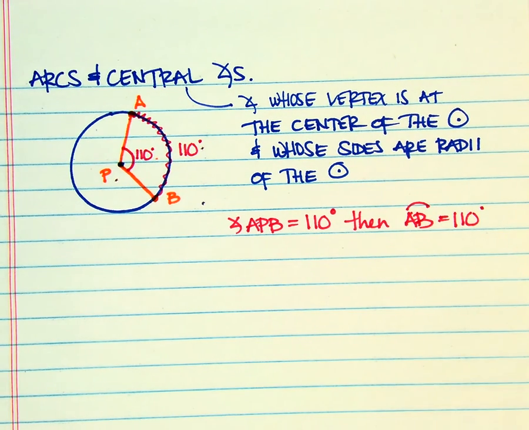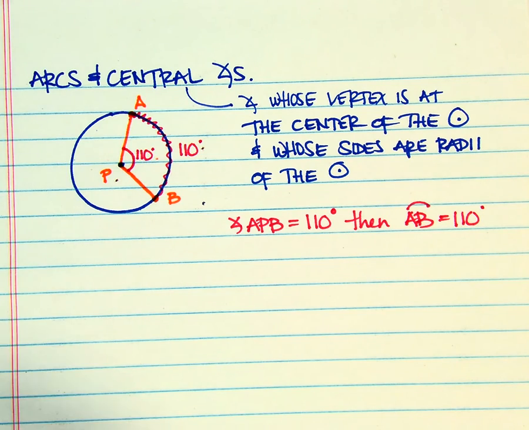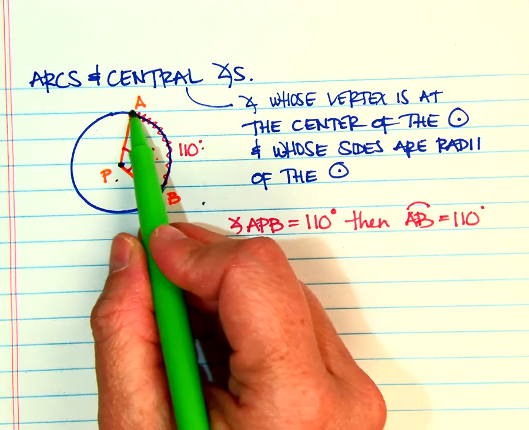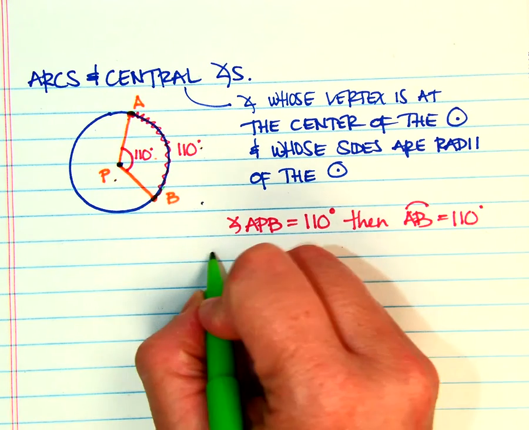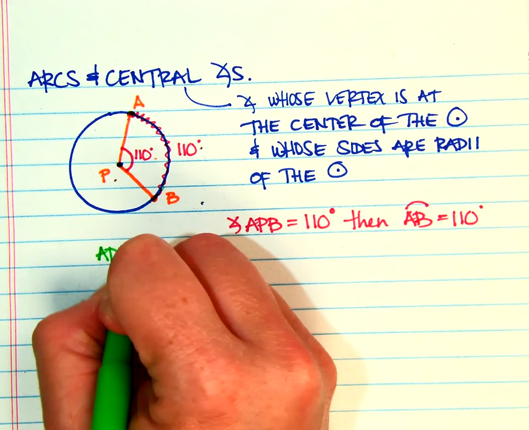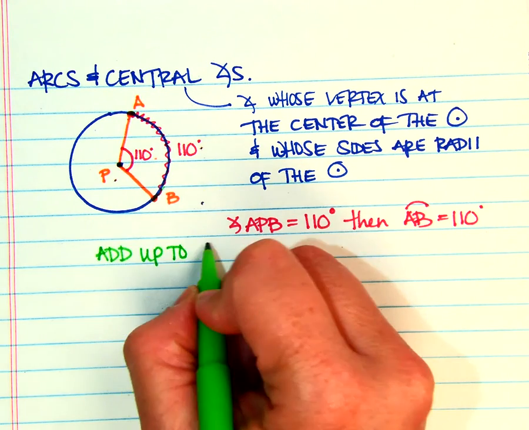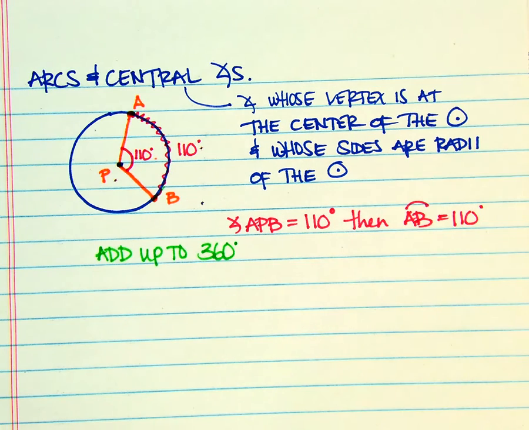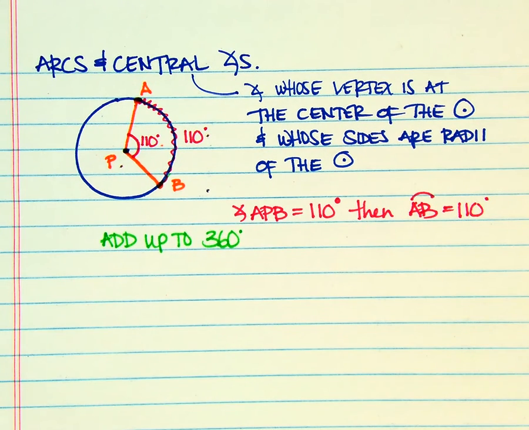And what you need to know is that all of these arcs add up to 360 degrees. Okay? So we are going to do an example.